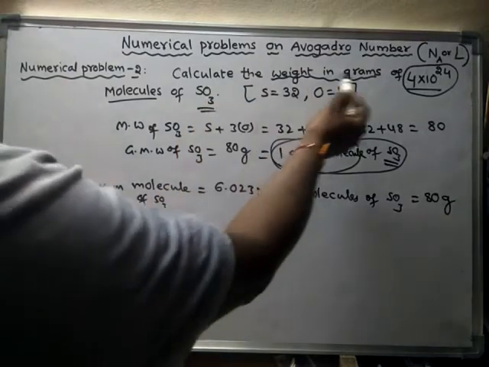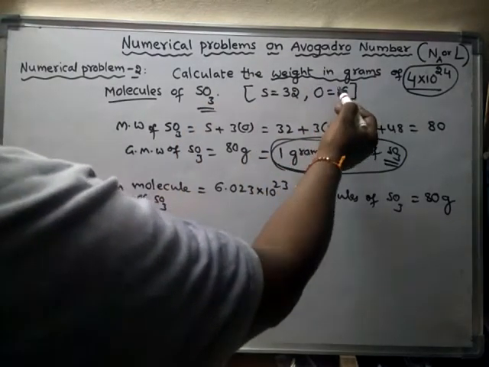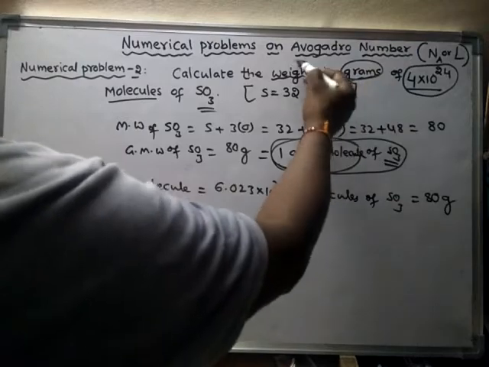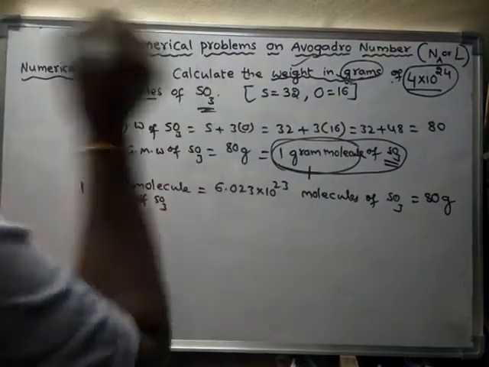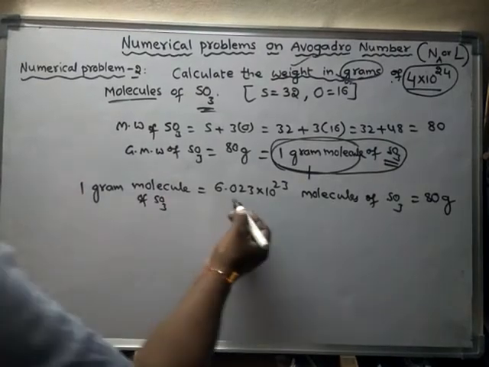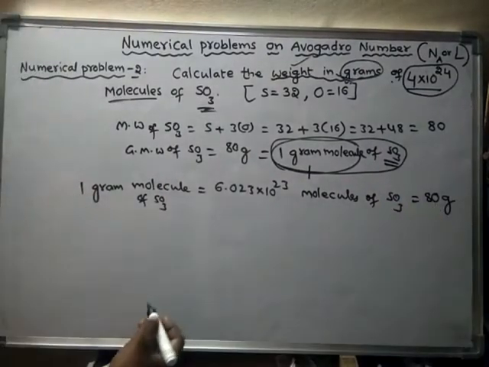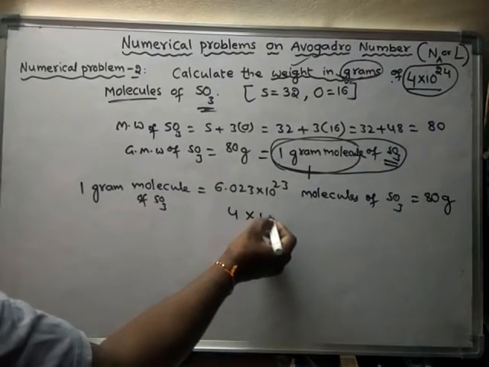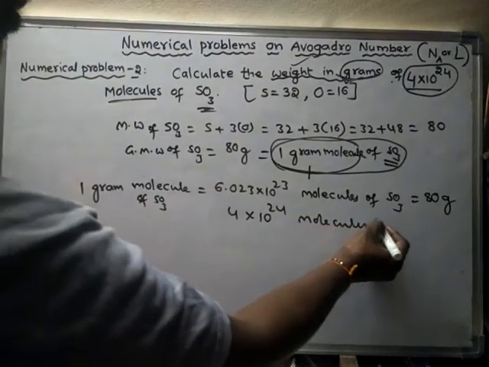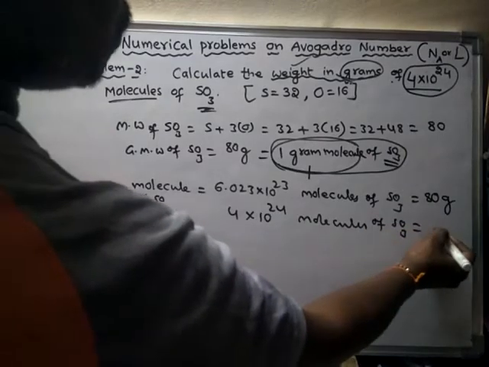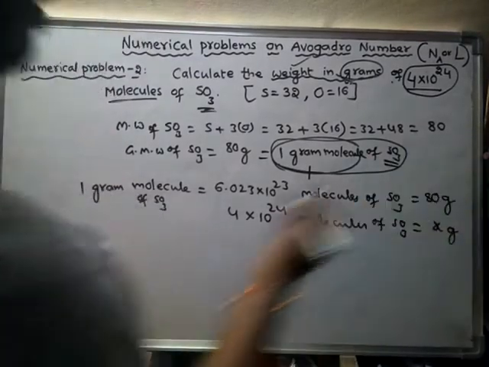So we have to calculate the weight of these many molecules of SO3. 4 into 10 to the power of 24 molecules of SO3 is equal to some x grams.